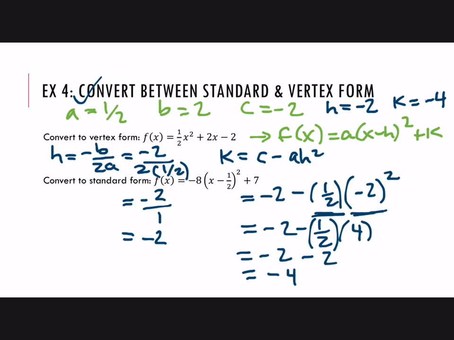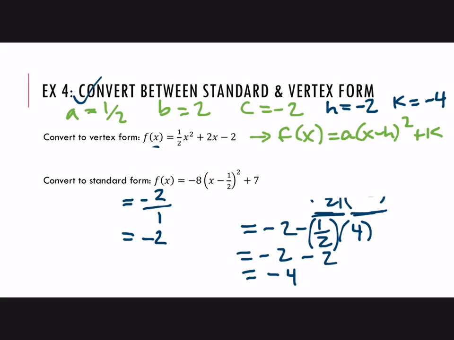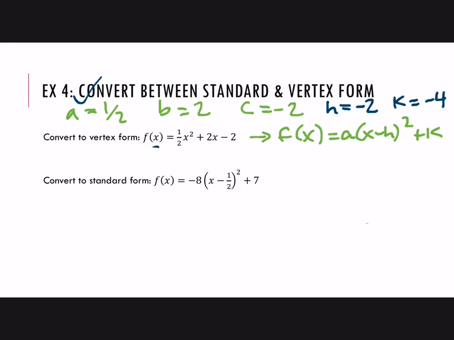Now, I mentioned a second way to get k, so let's look at that. We can plug h into the quadratic equation in place of x, and when we work that out using order of operations, we also get k. So let's try that. I'll substitute in negative 2 every place I see an x. Negative 2 is the value of h.